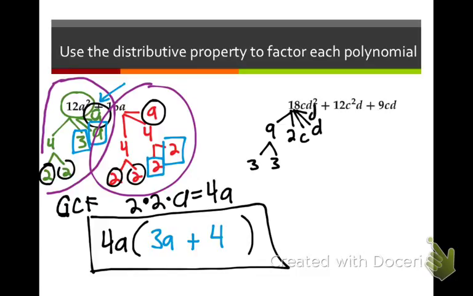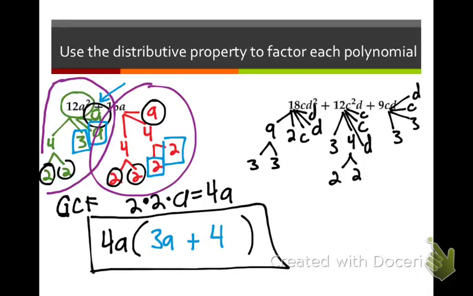And get the factoring tree of 12c squared d. Alright. And the factoring of c squared. And this d is going to go down there. Factors of 9cd. Alright.